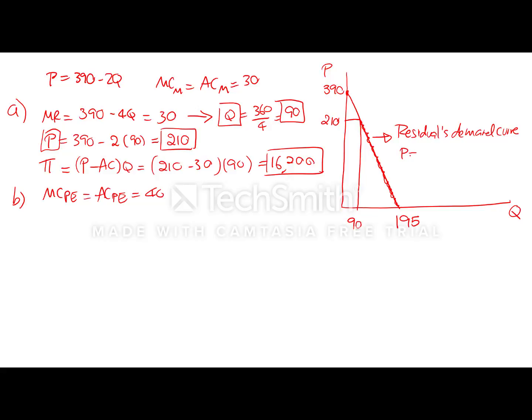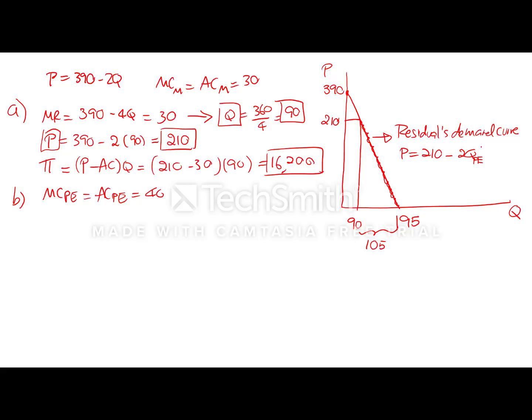So it's price equal to 210 minus 2Q, where the distance is 195 minus 90, so 105, which is half of 210. And this one will be for the potential entrant, QPE.